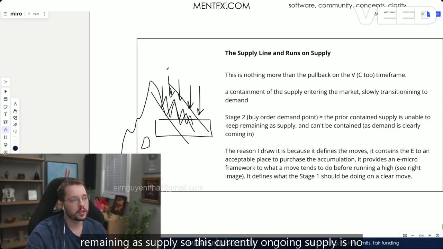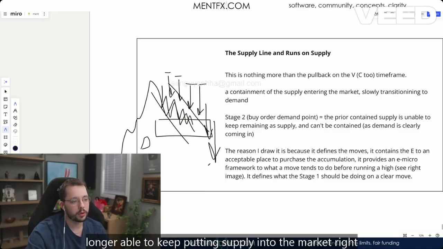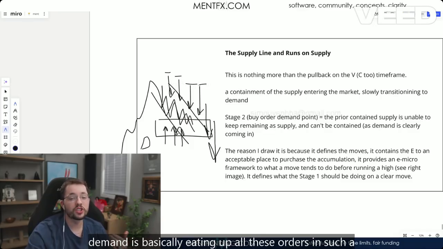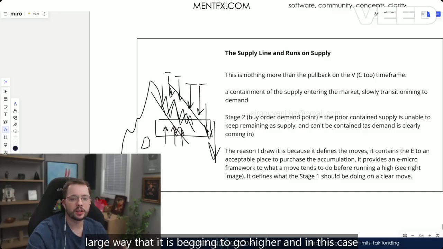So this currently ongoing supply is no longer able to keep putting supply into the market, right? Demand is basically eating up all these orders in such a large way that it is going to go higher.